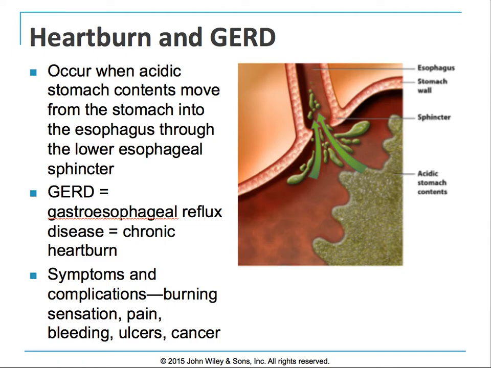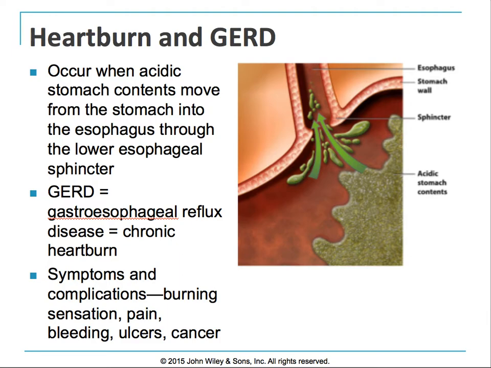The hydrochloric acid doesn't damage the lining of your stomach because your stomach has that thick mucus that protects it. But your esophagus doesn't have that thick mucus layer. So if your sphincter isn't closed tightly, some of the acidic stomach contents can actually move up into your esophagus and severely damage your esophagus because it doesn't have the protection of that mucus layer.